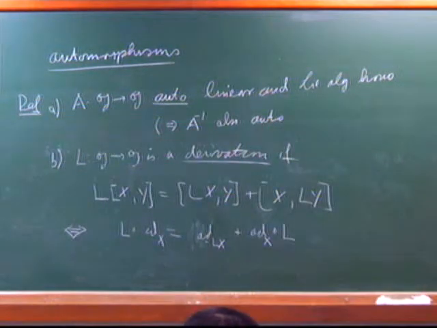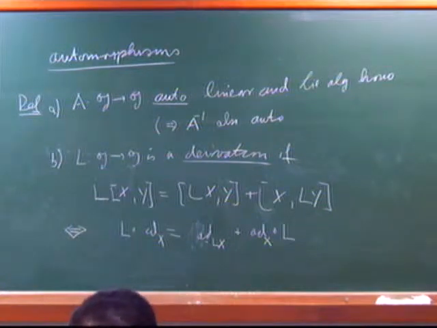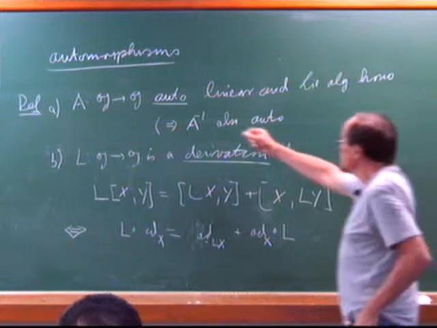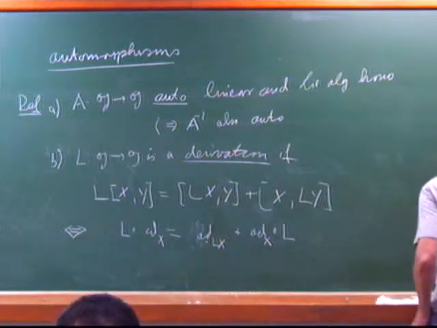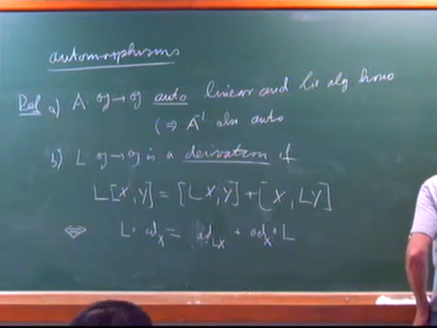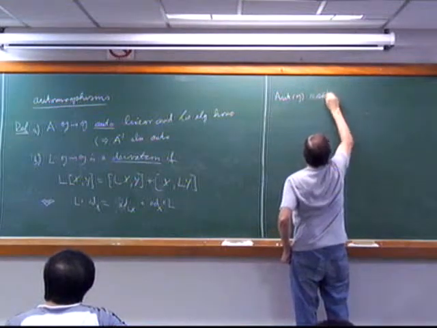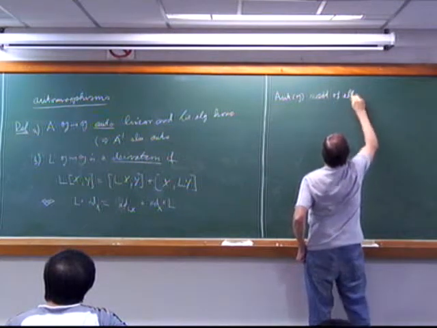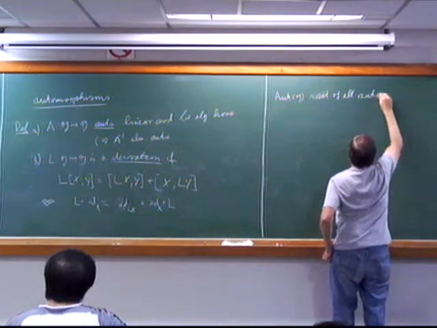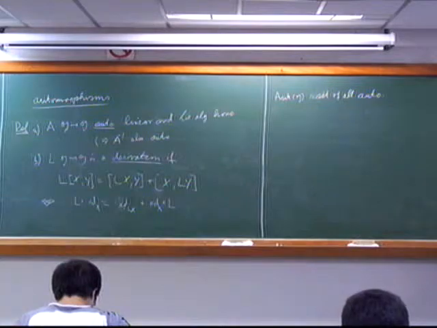And let's make some general comments about them. Maybe first notice, let's give the set of all such things a name. So Aut(g) is the set of all automorphisms of the Lie algebra.